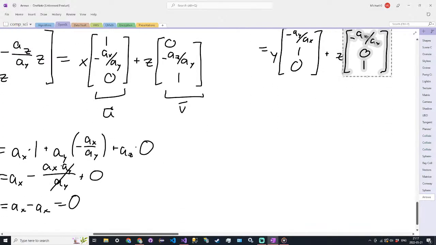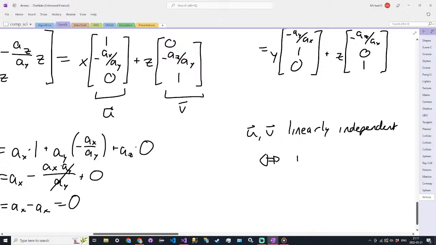just as a general definition, u and v are linearly independent if and only if the only constant for which k times u is equal to v, if and only if k is equal to 0. So this constant essentially doesn't exist.